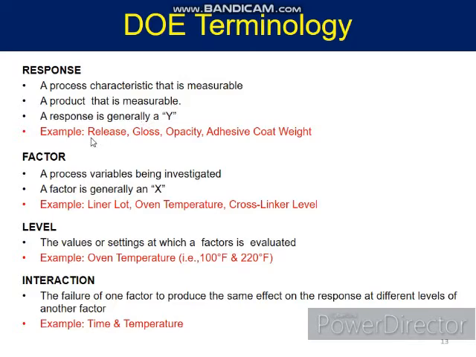Examples are release, gloss, opacity, adhesive coating weight. These are some examples of process characteristics that can be measured. What about the example that we used much earlier, baking bread? We said softness.